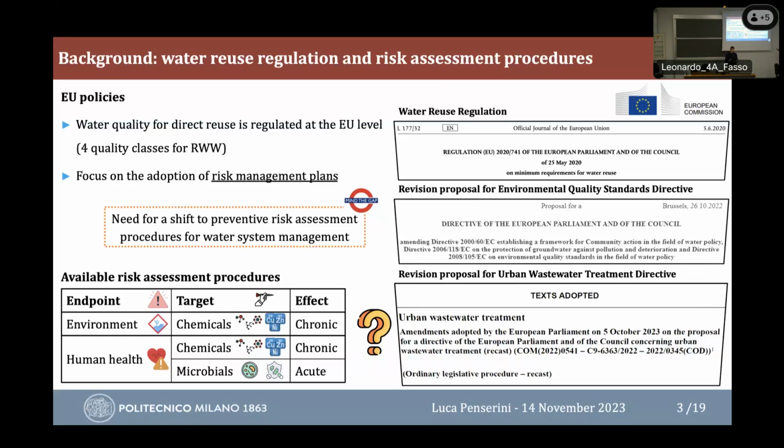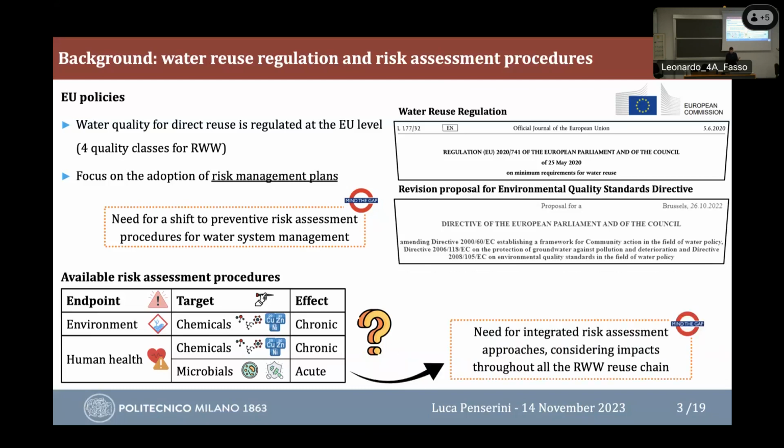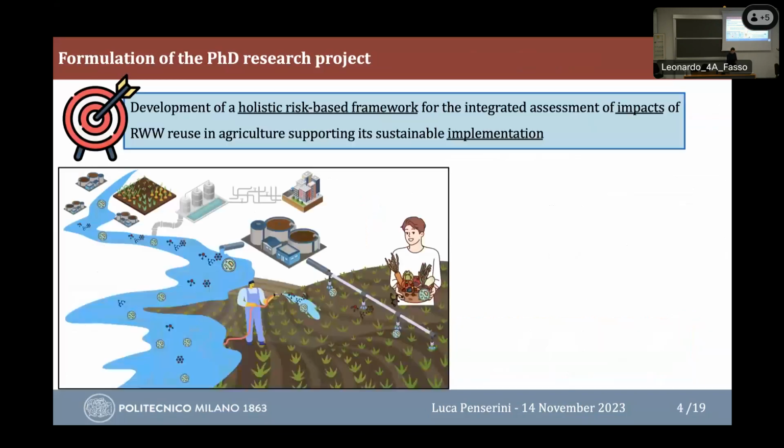All these procedures are already developed, but they are implemented as standalone tools and not together, while these risks happen together. So the second need is to develop a sort of integrated risk assessment procedure that allows us to evaluate the whole system and not just a particular aspect of the system.